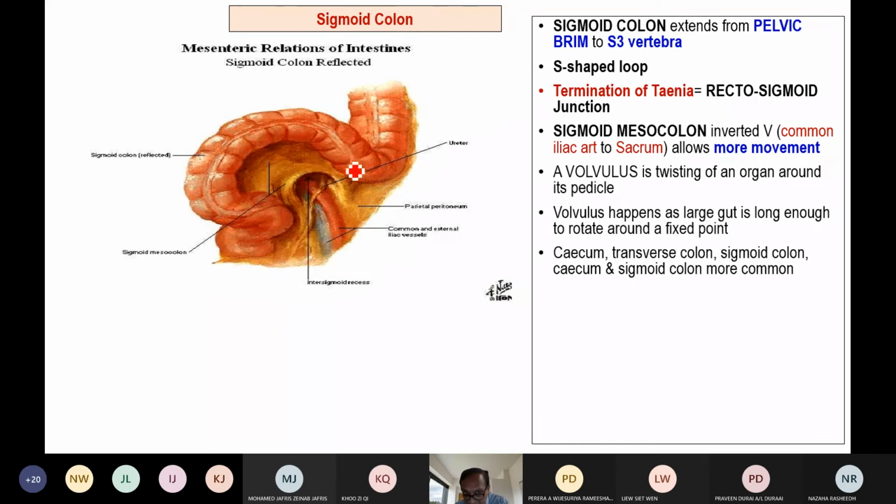So twisting of the sigmoid mesocolon and thereby obstruction of the arteries going to the sigmoid colon. That condition is called volvulus. So volvulus is a disease where, due to a very long sigmoid colon, there is a rotation in the pedicle, which is formed by the root of the sigmoid mesocolon.